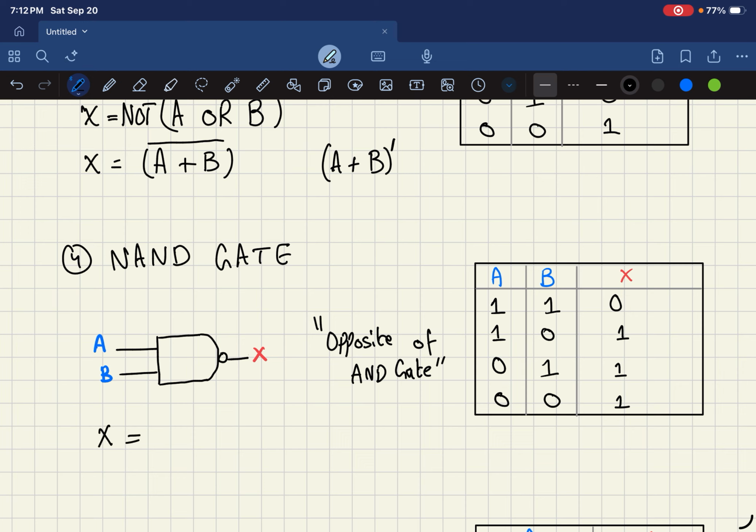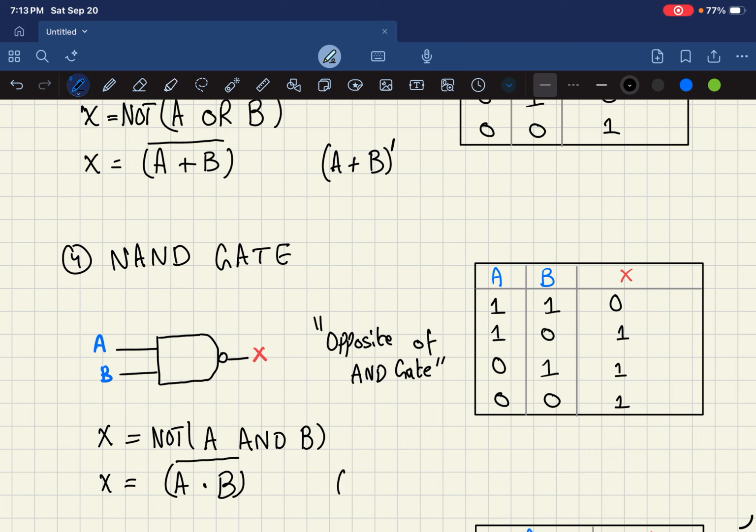Okay, so the way you represent this mathematically is A and B, and then you put a NOT in front of it. Then you have the more compact way of representing, which is A and B, and then a bracket on top of it.